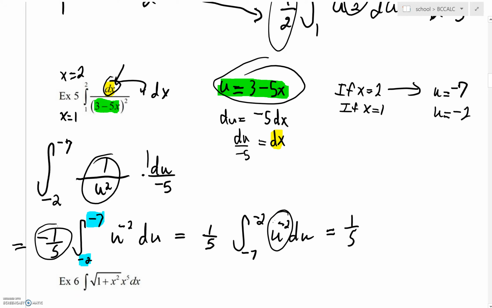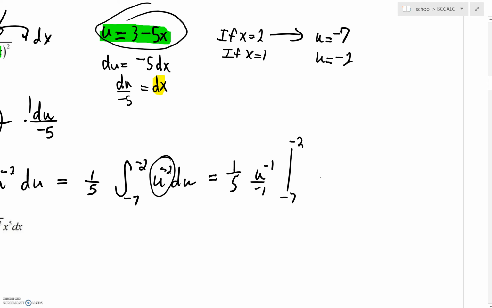Well, at this point, let's do our fundamental theorem. Bump our power up by 1, you'd get u to the negative 1. But then, of course, we have to divide by our negative 1 as well. And let's just do a little more cleaning up while we're at it. This negative right here becomes a negative 1/5. And then I could say I've got 1 over u, and of course I'm going to plug in a negative 2 and a negative 7.